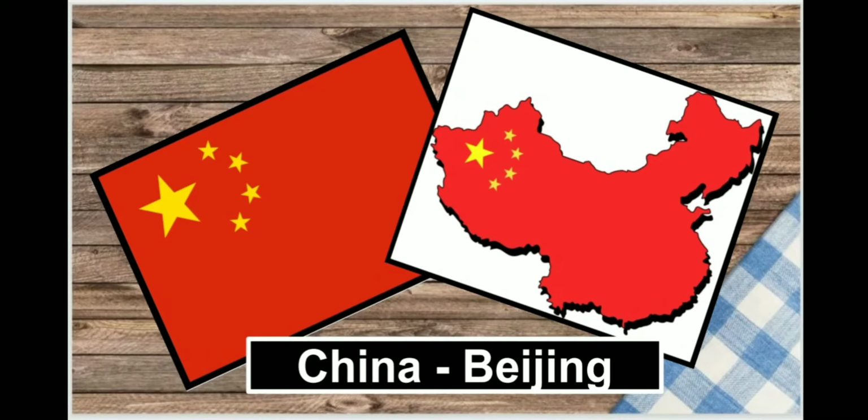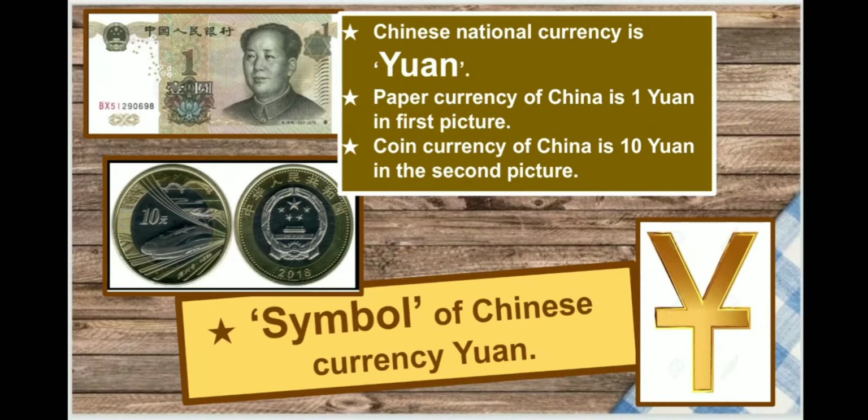The next, China, and its capital is Beijing. Right side, the map of China. Here, Chinese national currency is yuan. Paper currency of China is 1 yuan in the first picture.